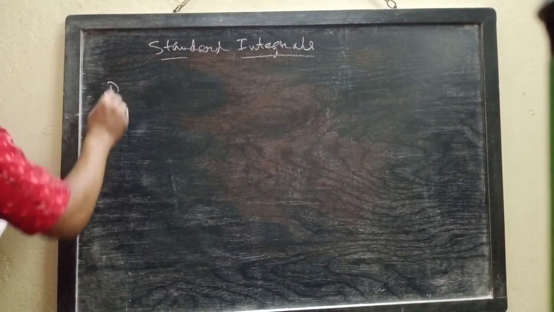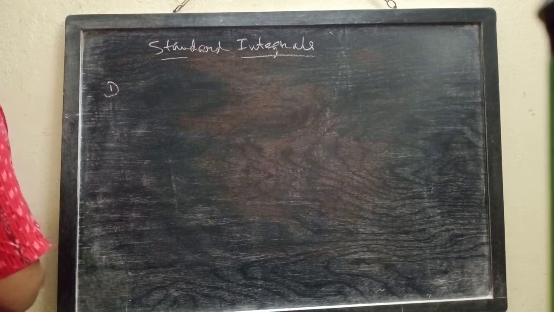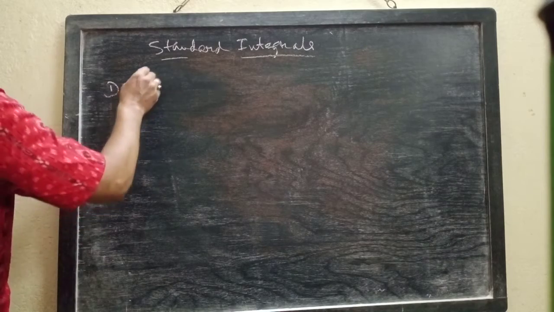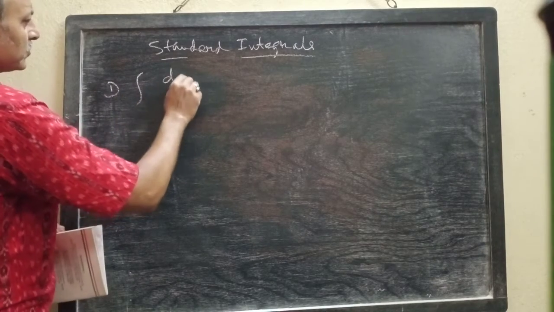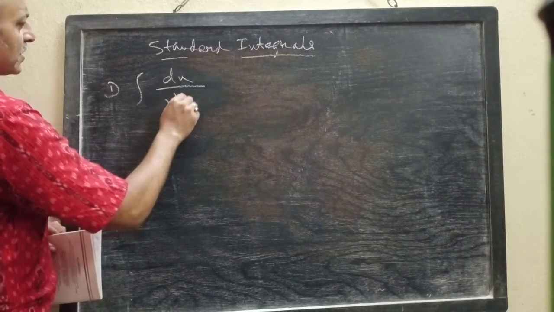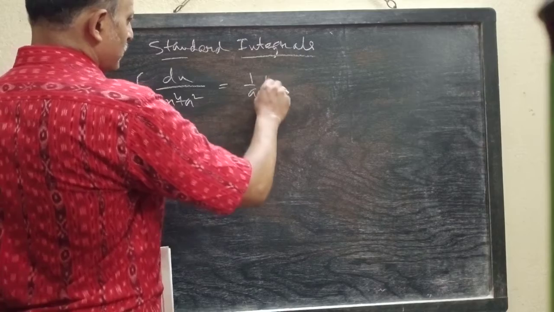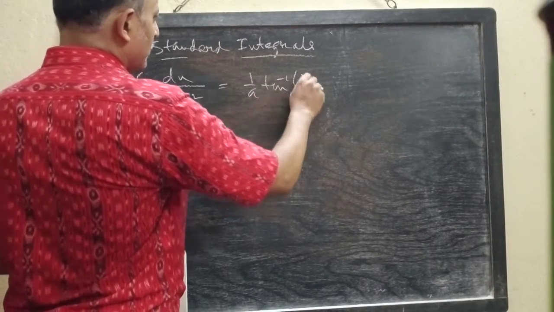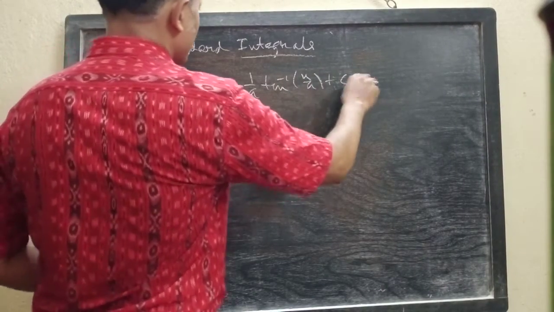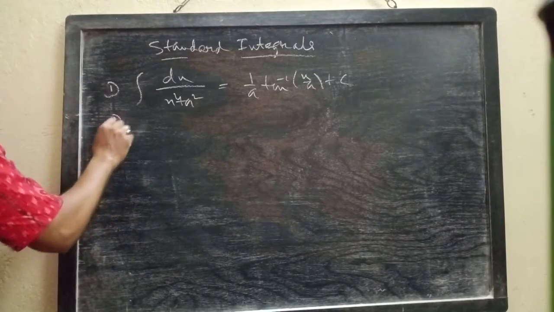Number 1. Integration dx by x square plus a square. You know the result is 1 by a tan inverse of x by a plus c. Number 2.